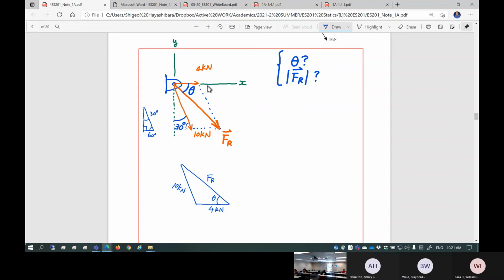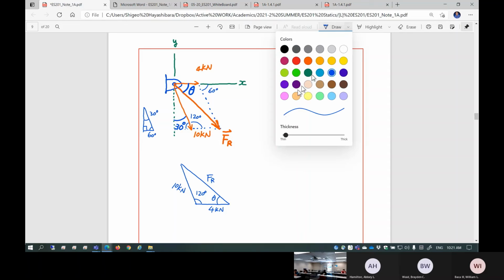That means, hey, this is 60, right? Yeah, but that's not enough. That means the other side is 120. So this is 120. Oh, this is good enough to move on with the cosine law. Let's just do that.